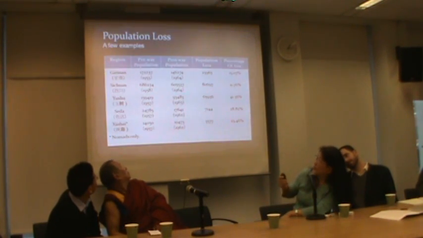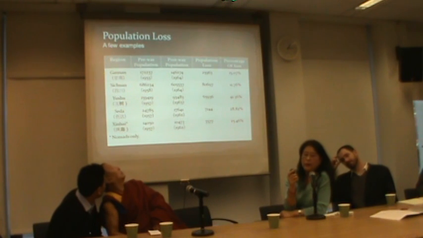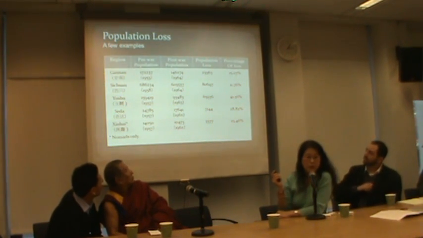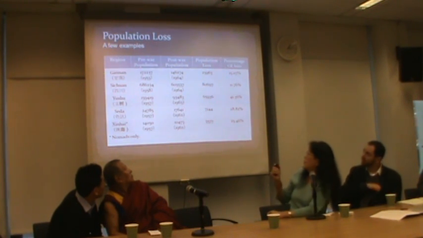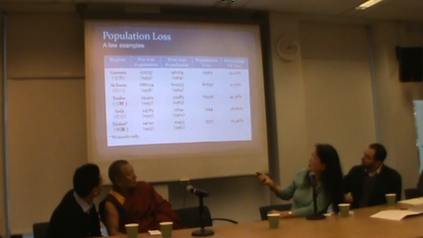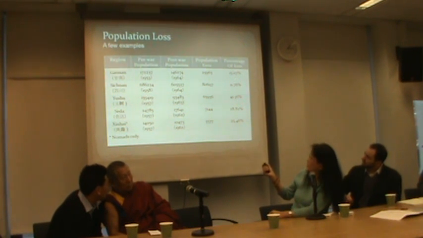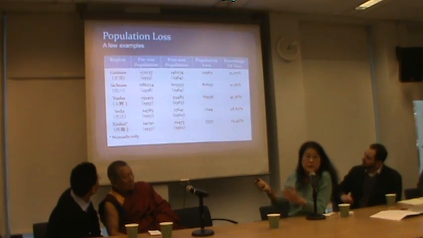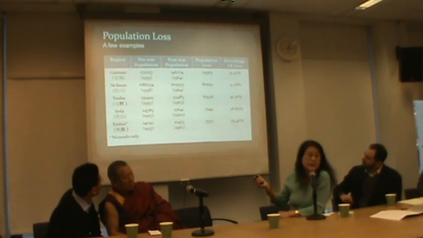Now, based on that, I came up with a few local figures which are more accurate. Those are the numbers for, let's say, Gannan. This covers 10 years. We have this loss and the Sichuan. Whenever possible, I try to go close to the event, because 10 years could be misleading.